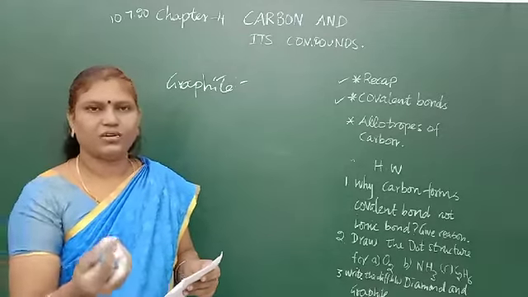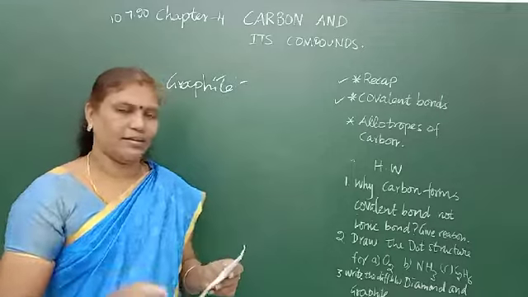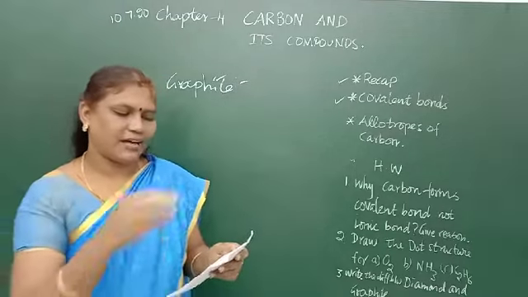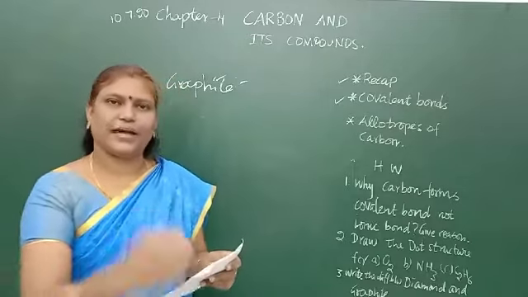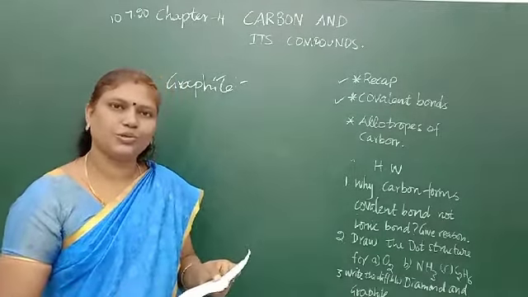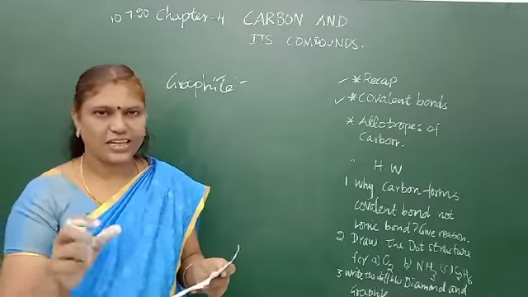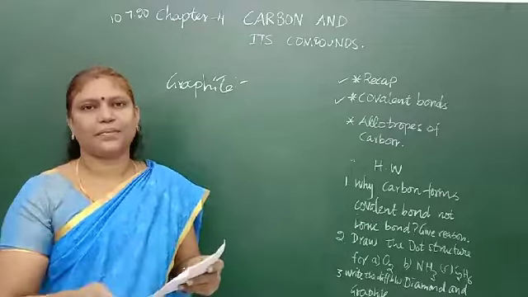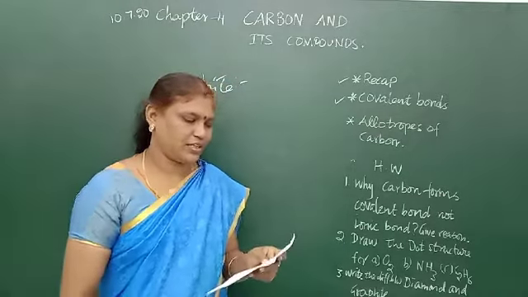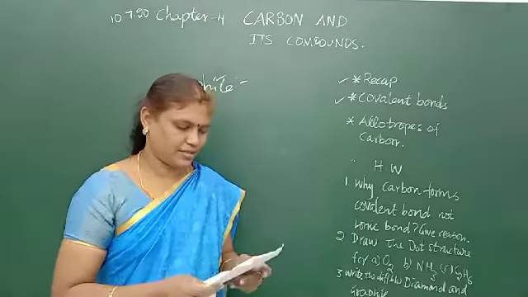Then they are opaque, not transparent. We cannot see through the material. They have less density compared to diamond. Diamond has 3.5, here it has 2 to 2.5 gram per centimeter cube. They have a low melting point. That's why they are used in the electrolyte.